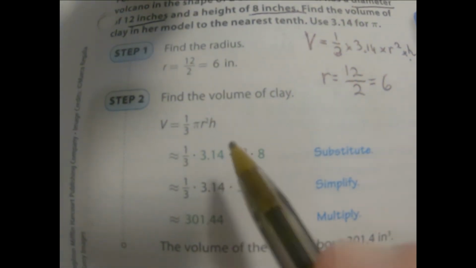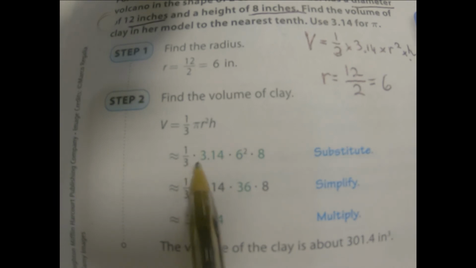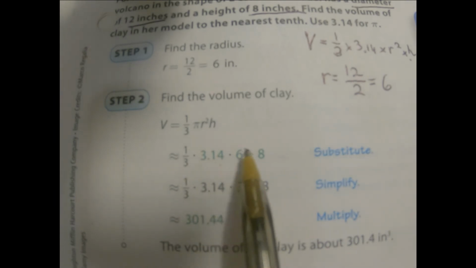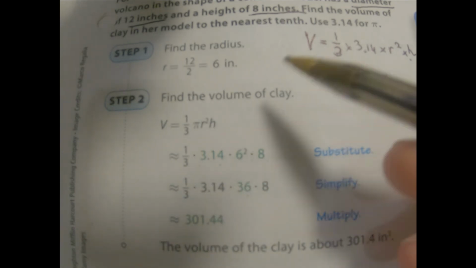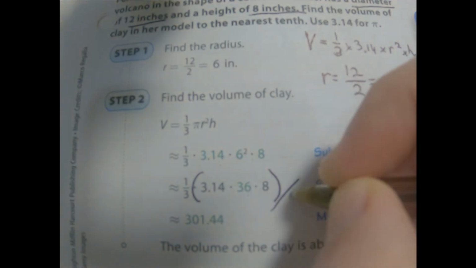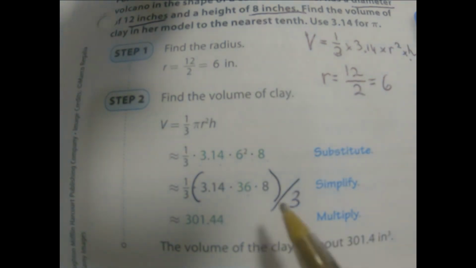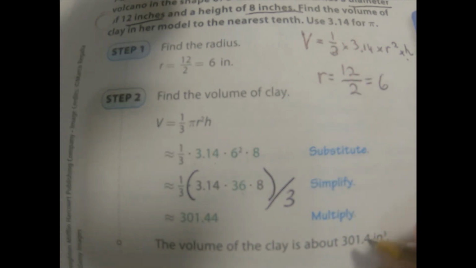So I'm able to now start plugging into my equation. 1/3 times 3.14 times 6 squared times 8. So I have 6 squared being 36, and if I solve all of this and divide by 3 if you'd like, I get 301.44, but I'm rounding to the nearest tenth, so I want to use 301.4 inches cubed.